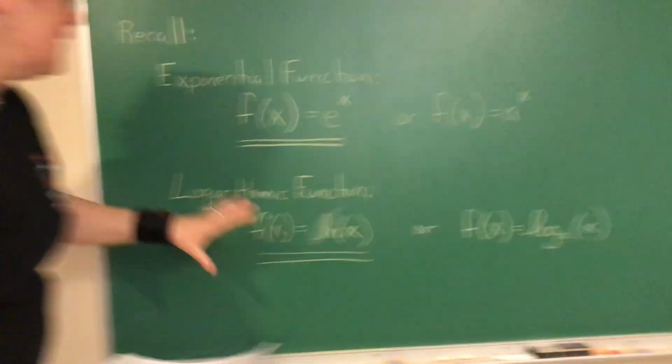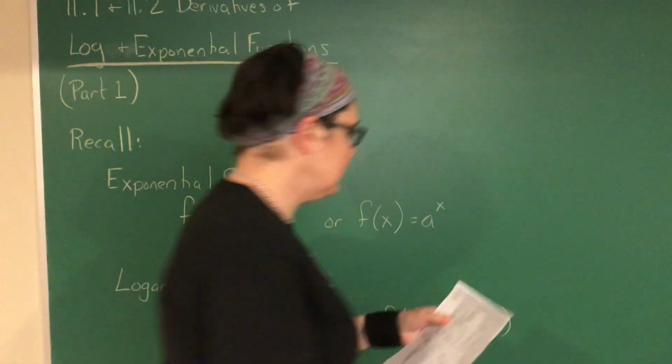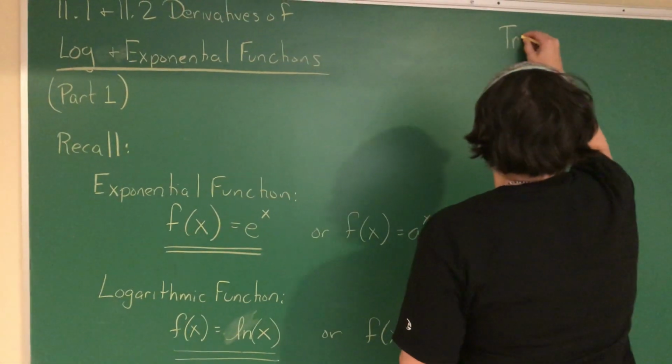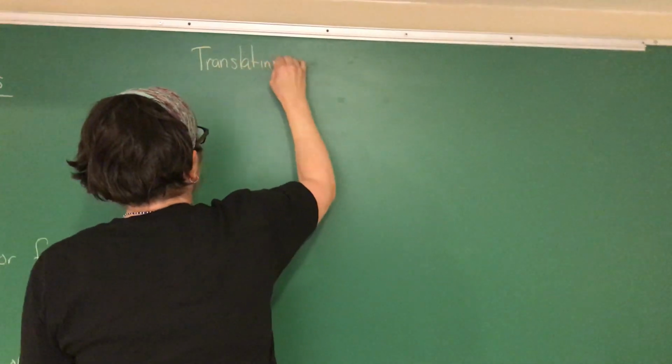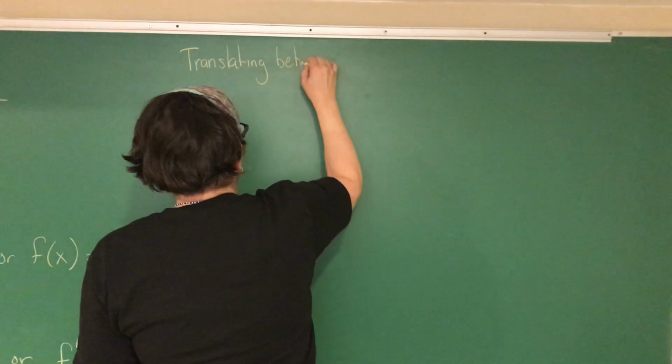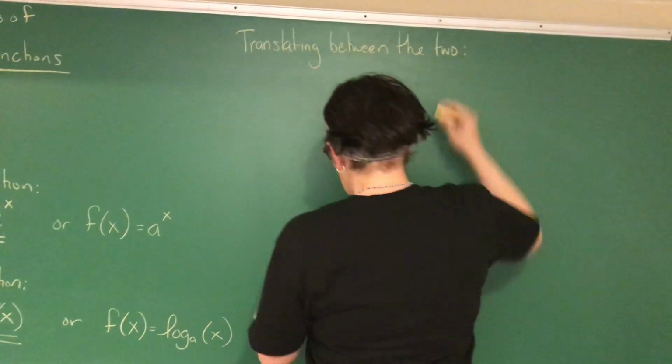And the thing is that you might have talked a little bit about how to translate between exponential functions and log functions. And so we can translate between the two types of equations.